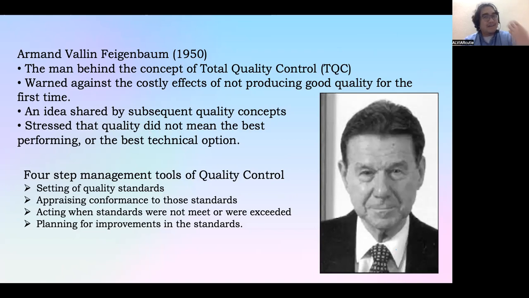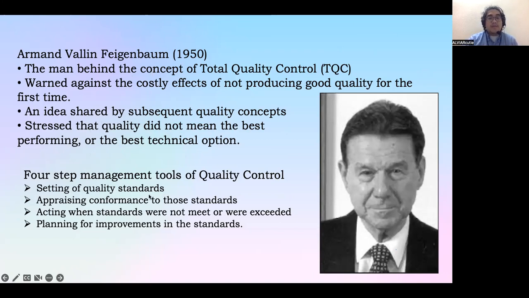Kailangan gumawa ka agad ng perfect kasi nga magastos. Ayaw niya na magastos. Yun yung ideya ni Armand Feigenbaum. An idea shared by subsequent quality concepts stressed that quality did not mean the best performing or the best technical options.